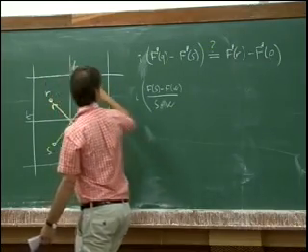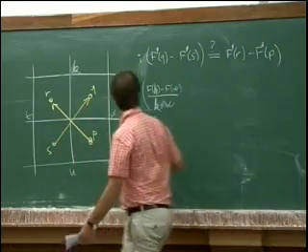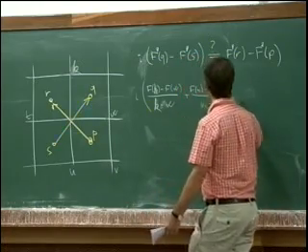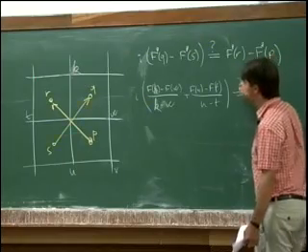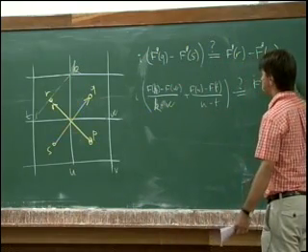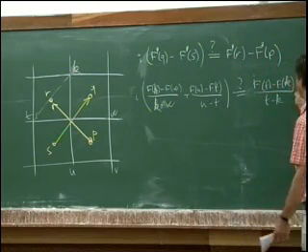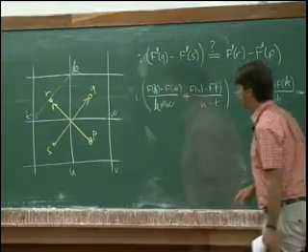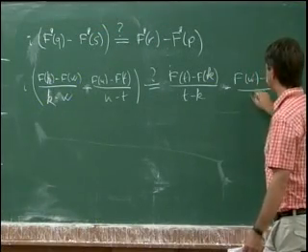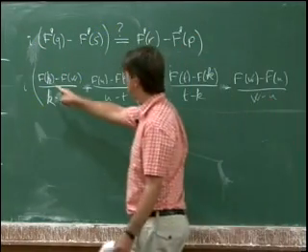P, Q, well, whatever, K. And f prime of S is this difference, so it's f of U minus f of T divided by U minus T. And the question mark asks whether it's equal to f prime of R, where we can write it as this difference: f of T minus f of K divided by T minus K, minus, here I also forgot the minus, and f prime of P is f of W minus f of U divided by W minus U.